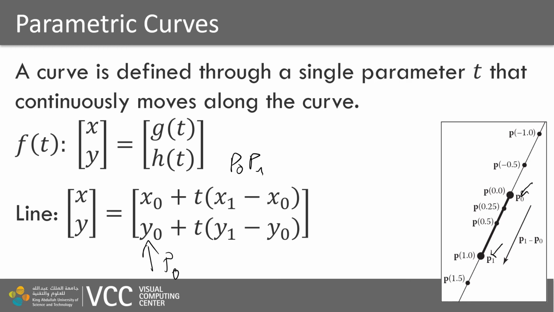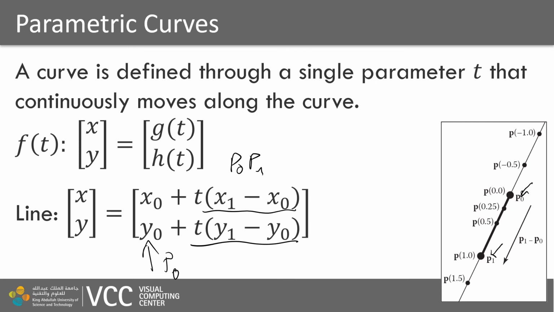For example, if the parameter t is equal to 0, then these two terms will be 0, and we will be defining the point P0. In case t has the value 1, what will be the result? x0 plus 1 times x1 minus x0 is x0 minus x0 plus x1, which results in x1.